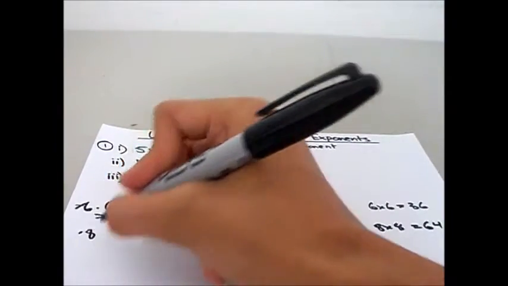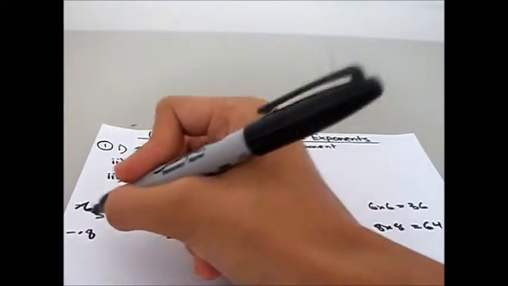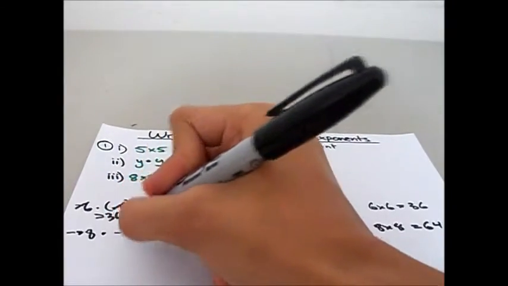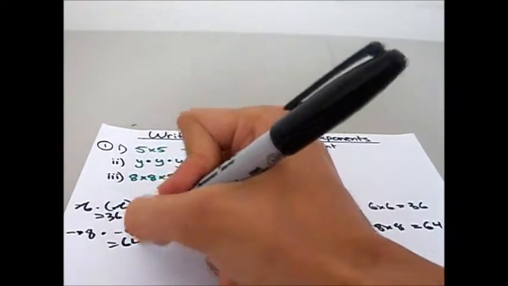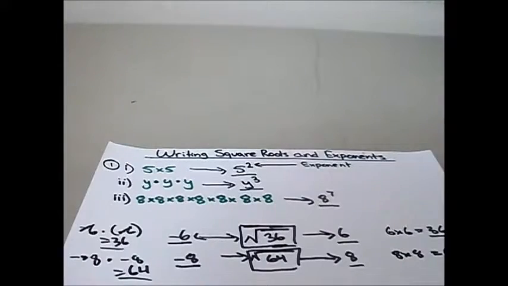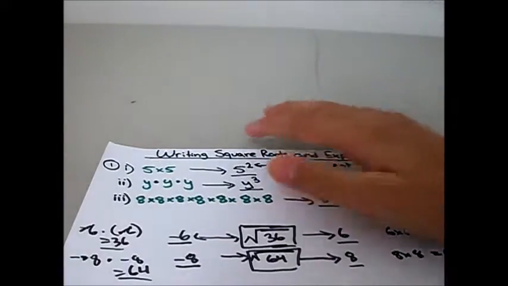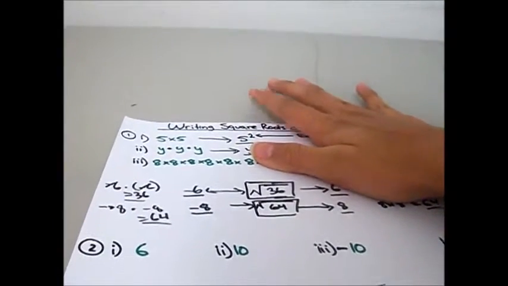So when negative 8 times negative 8, the answer is 64. We'll learn more about negatives cancelling each other out in our integers unit. So now that we got that out of the way, let's go back to some more practice.